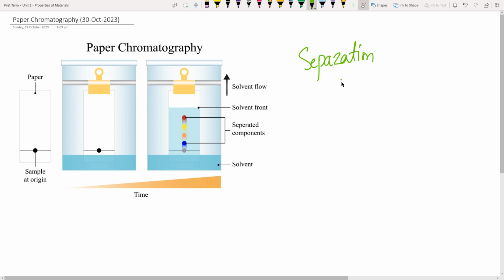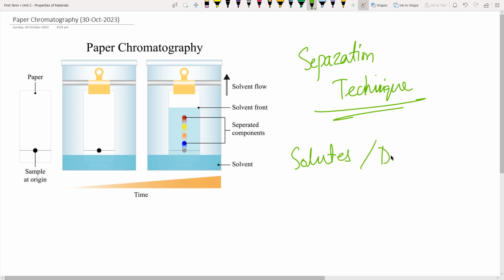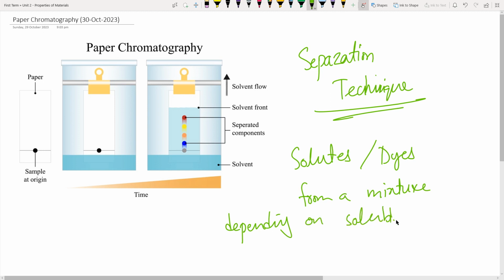What it does is separate solutes or dyes from a mixture depending on the solubility of each component.